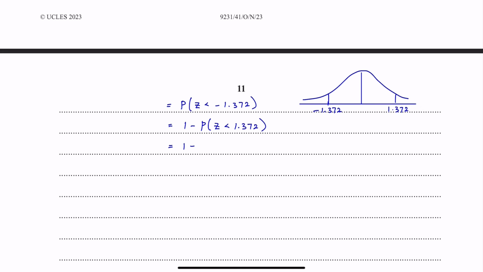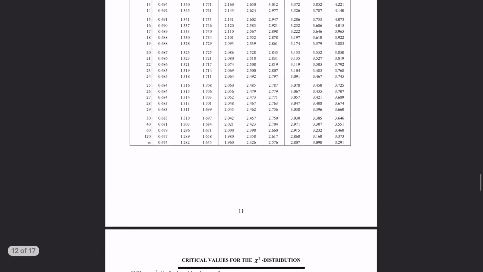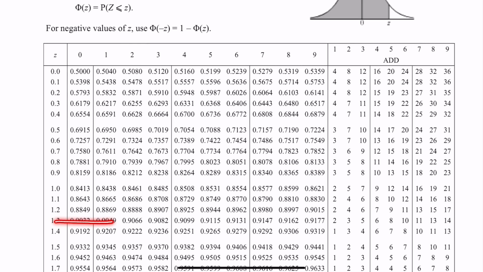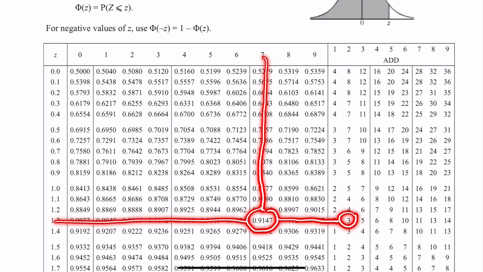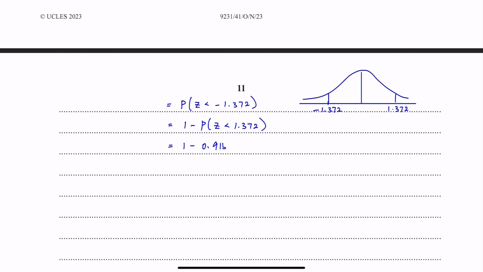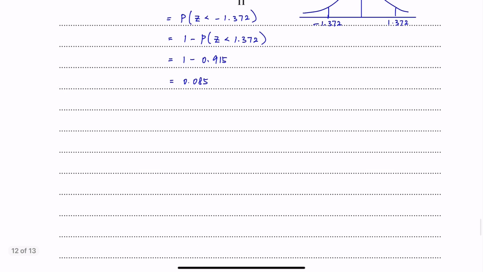So referring to the formula booklet, 1.372 would be 0.915. So this would be 0.085.